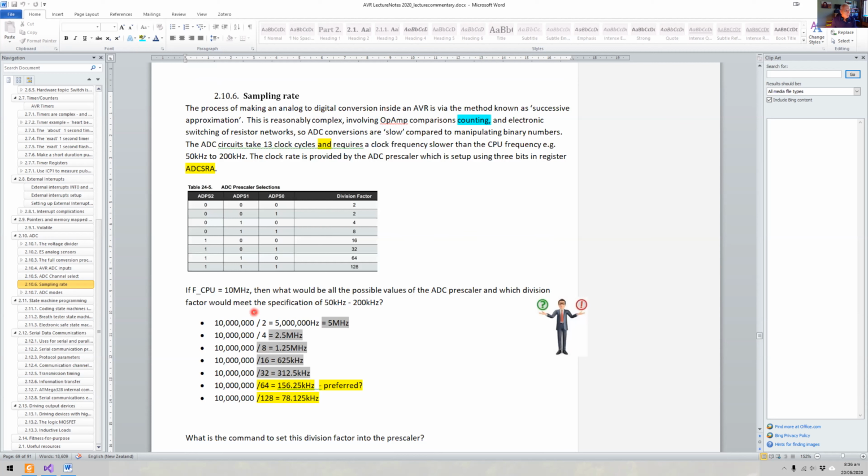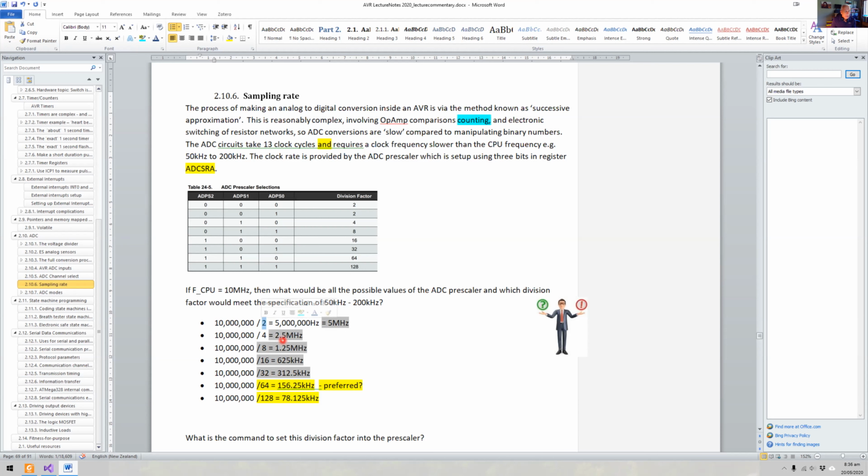And say for instance, we've got a 10 megahertz crystal, which is not uncommon. We can stick a 2 megahertz, we can stick a 20 megahertz crystal on this. I know in the boards we're using it's 16 megahertz, but in this example I'm using 10 megahertz, okay? And if I've got to divide by 2, then I get 5 megahertz, which of course is way outside this range. And I've filled in the rest of this table for you.